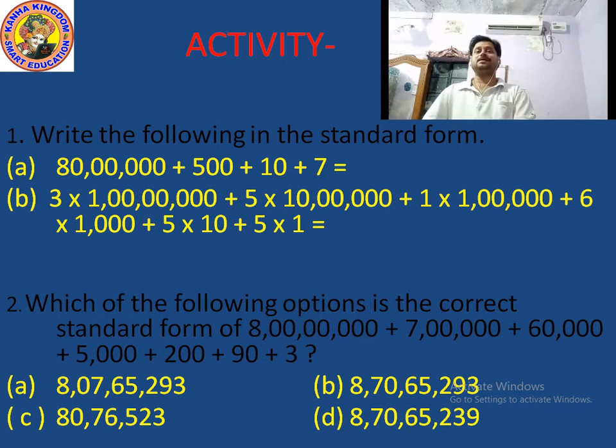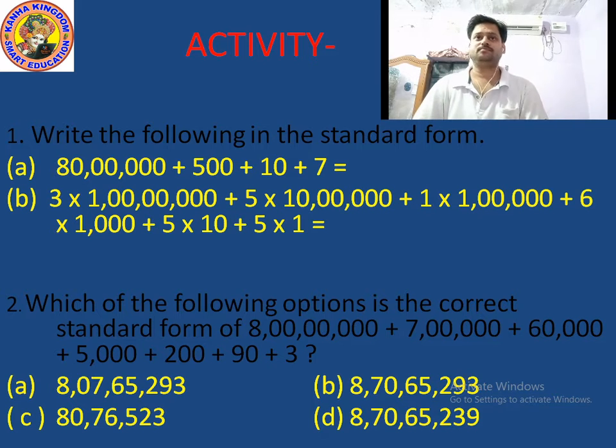So the correct form of this question is 3 crores, means 3,00,00,000, plus 50 lakhs, means 50,00,000, plus 1 lakh, 1,00,000, plus 6000, 6,000, plus 50, plus 5.